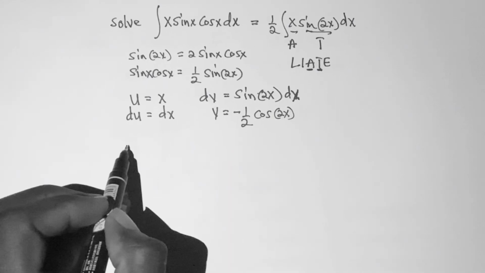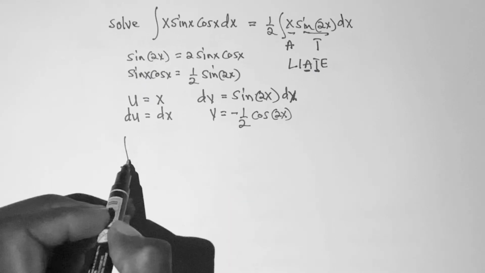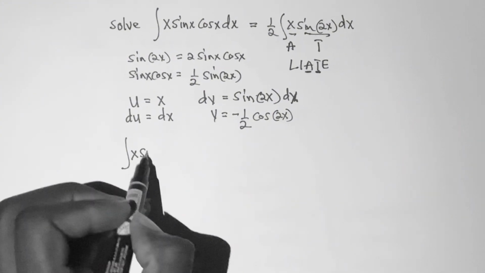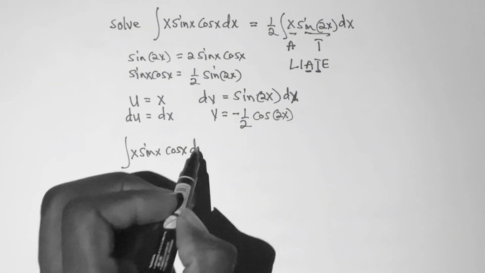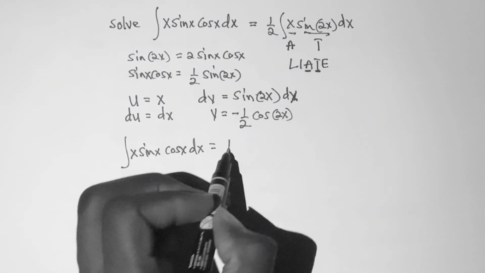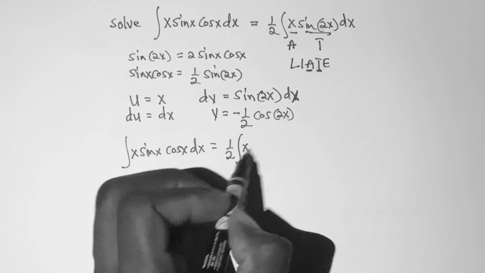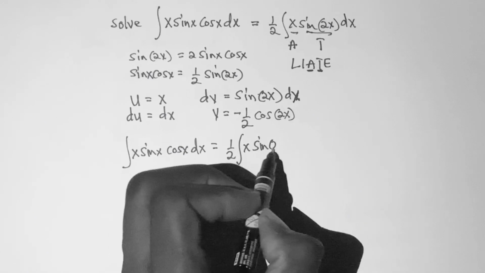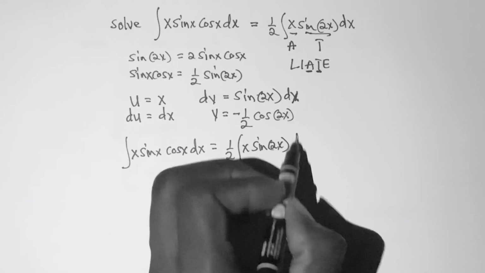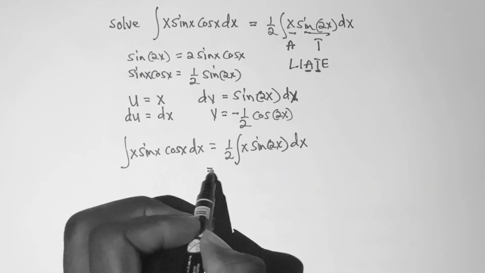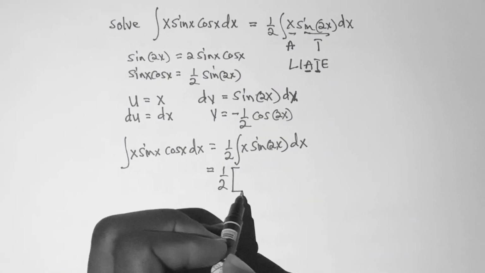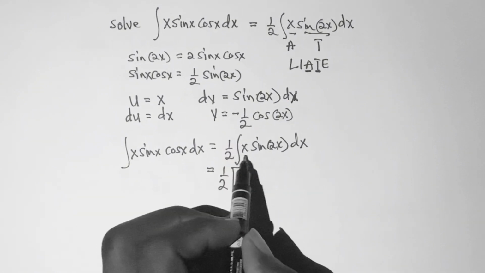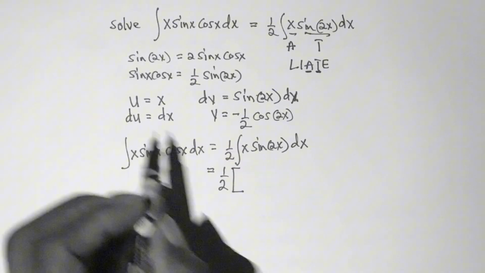Now it means that the integral of x sine x cos x dx is equal to half of the integral of x sine 2x dx, and then this is equal to half, then bracket open, so it becomes the integral of uv.